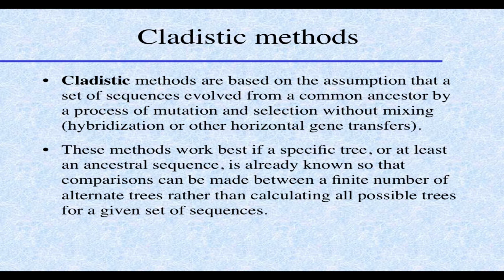Whereas if you only have the final resulting data set, there's a very, very large number of trees that you can build from even a moderately sized data set. You know, if you have, say, 20 sequences, if you map out the topology of all possible trees, it's really huge. Way more than a power function.